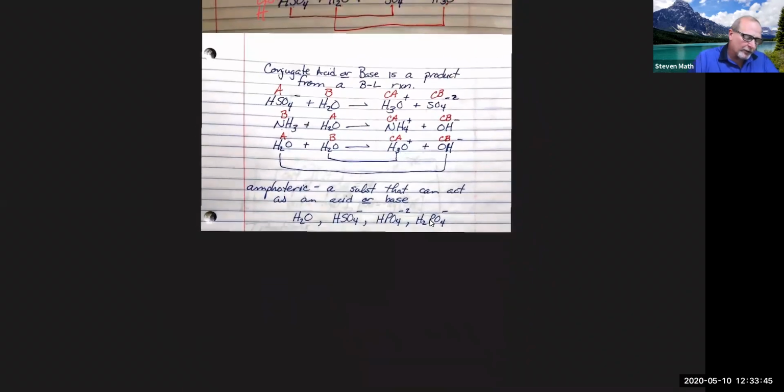A conjugate acid or base is a product from a Bronsted-Lowry reaction. So if we take that same reaction we just had, HSO4, what was left over was the SO4 2 minus. If the HSO4 was an acid, we're going to say that the SO4 2 minus is the conjugate base of that acid.